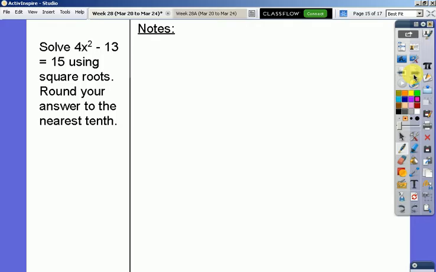All that means is actually take the square root. Unless I tell you to approximate your answers, you're giving me a simplified radical. If I tell you to round your answer to the nearest tenth, then just take the square root in your calculator. In other words, for this first one, 4x squared minus 13 equals 15.